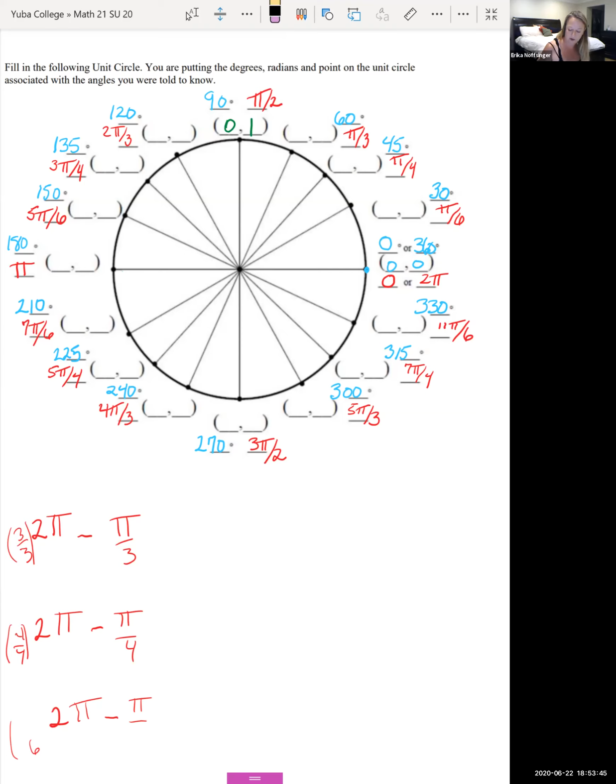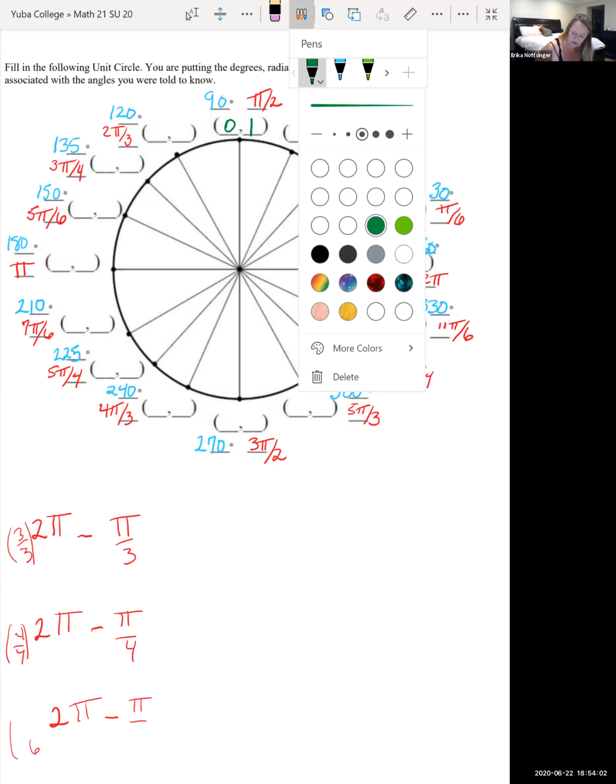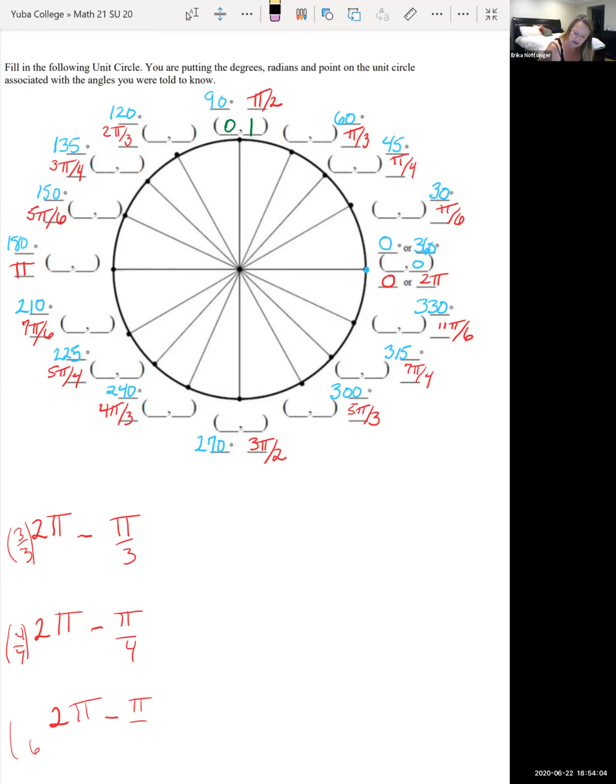If I'm looking at that point right there, my x value is 1, my y value is 0. And then at pi, or at 180 degrees, my x value is -1, my y value is 0. At 270 degrees, my x value is 0, my y value is -1.